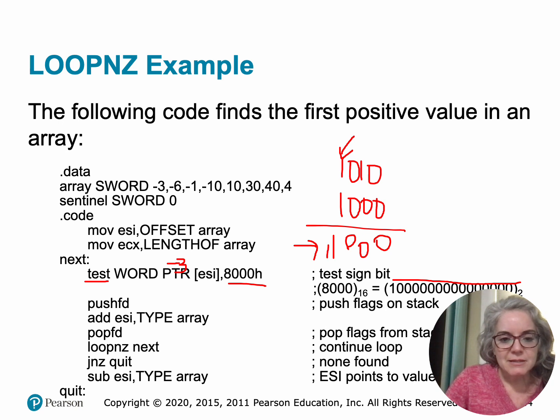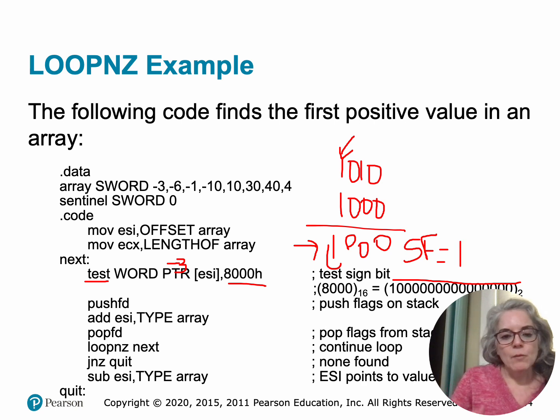But here, because this is a negative number, the sign flag is going to get set to a 1 because this is a signed number. And what that tells me is that -3 is a negative number. Okay, my 0 flag is going to be set to 0.